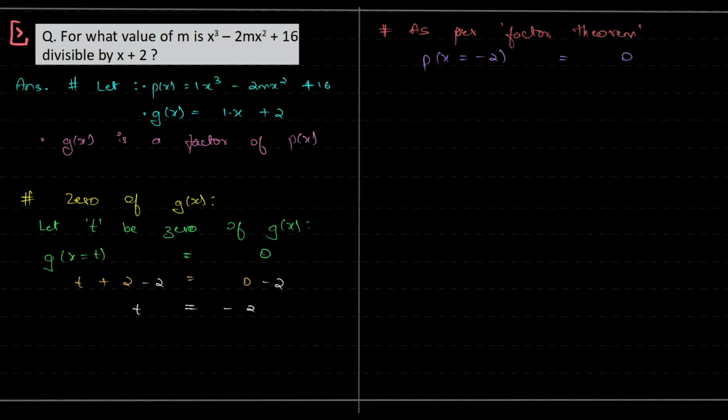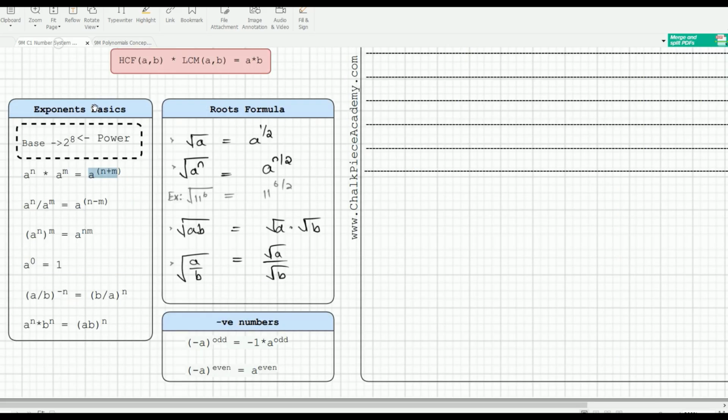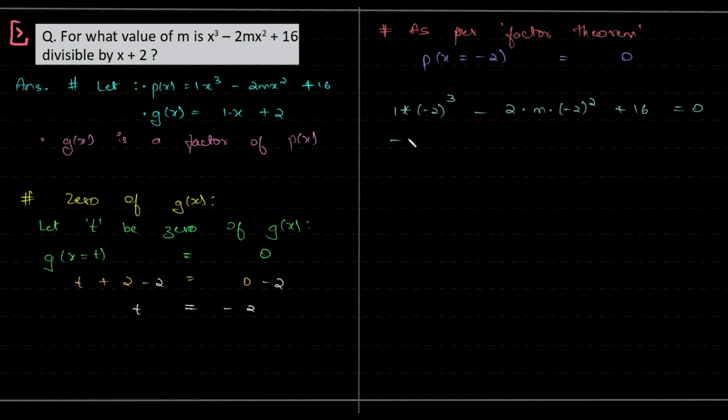So all I have to do is, in place of x, I'm going to write minus 2: 1 into (−2)³ − 2 into m into (−2)² + 16 should be equal to 0. Any negative number raised to an odd power is negative itself, is it not? So we have minus, and 1 into anything is the same thing. So minus 1 into 2 cube will be what? 8. But I'm showing the steps.